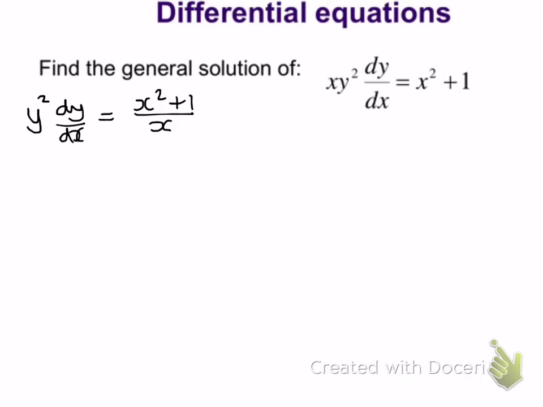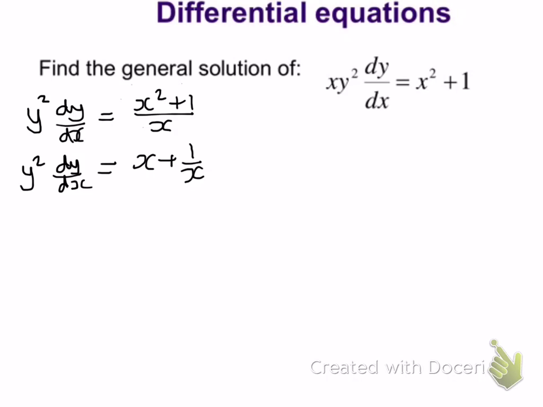And taking the right hand side, I can simplify this by writing it as two separate fractions and cancelling down: x squared over x will become just x, plus 1 over x.